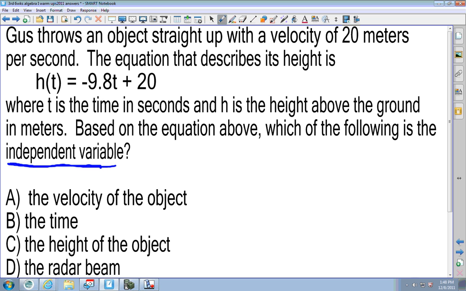Okay, independent, is that x or y? Independent is the x. This is the same as saying y equals negative 9.8x plus 20. So x and t match up. What is t? t is time in seconds. So my answer would be B.